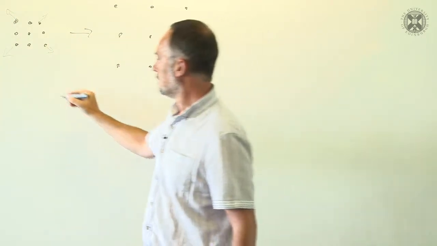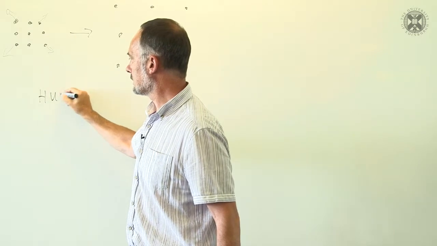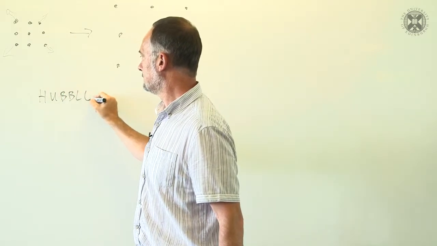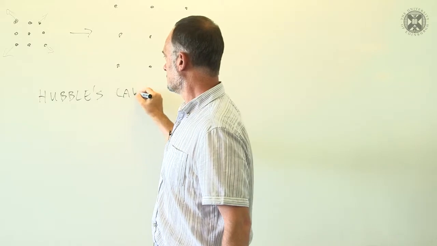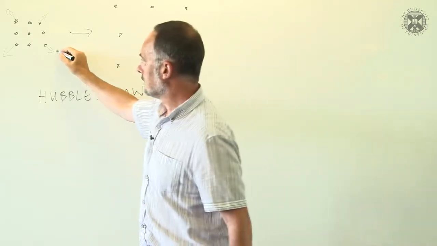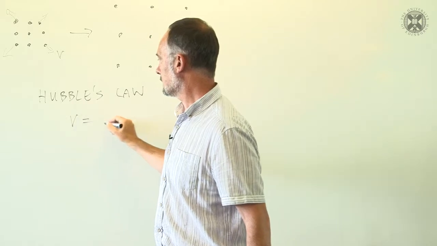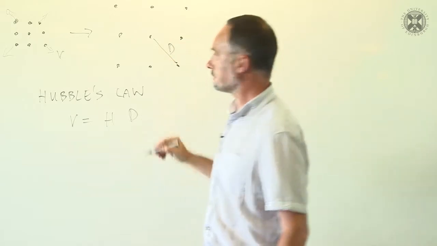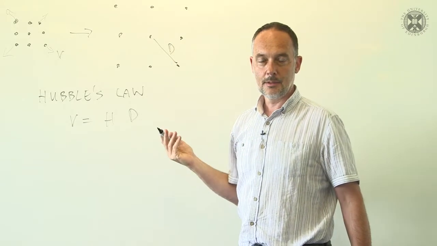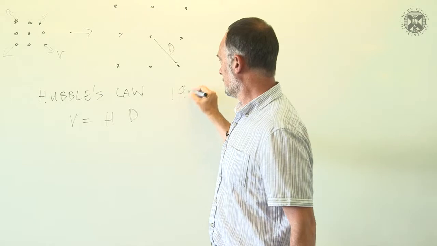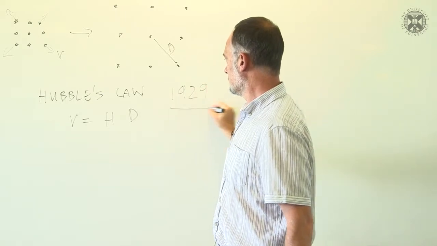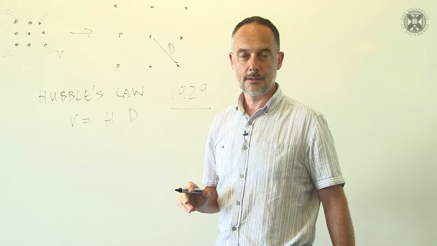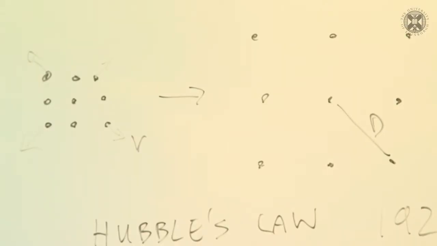Everything's moving apart, and this expansion obeys Hubble's Law, which we can write: the velocity v is a constant H times the distance d. This dates from 1929. How do we know that the galaxies are in motion? The answer is the Doppler shift that we can measure through spectroscopy.